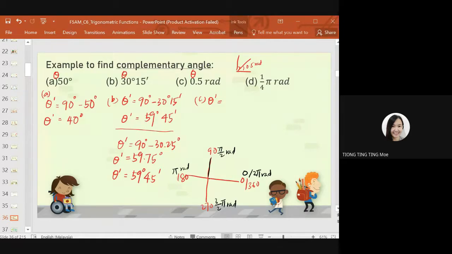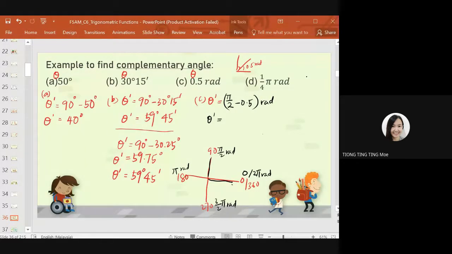So now, the complementary is 90 degrees, and 90 degrees means pi over 2 lah. So this is pi over 2 radian minus 0.5 radian. Okay, pi over 2 minus 0.5 radian.